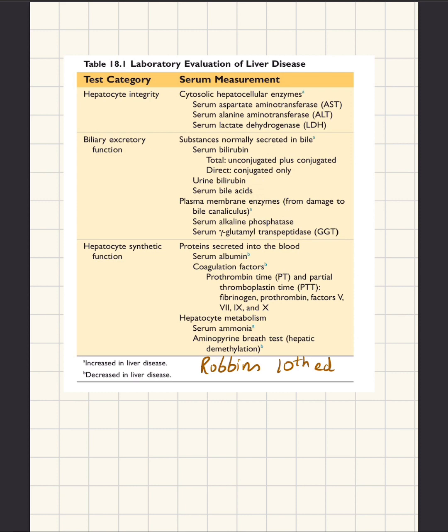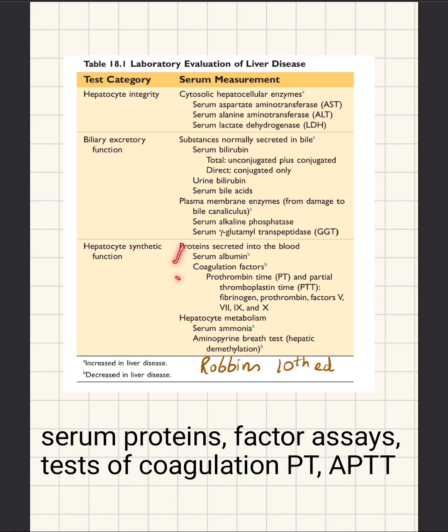Now the liver also has a synthetic action, so for that we can test serum albumin and coagulation factors, because the liver synthesizes these components, so their levels can be estimated in the serum. Since it synthesizes the coagulation factors, we can also estimate prothrombin time and partial thromboplastin time.